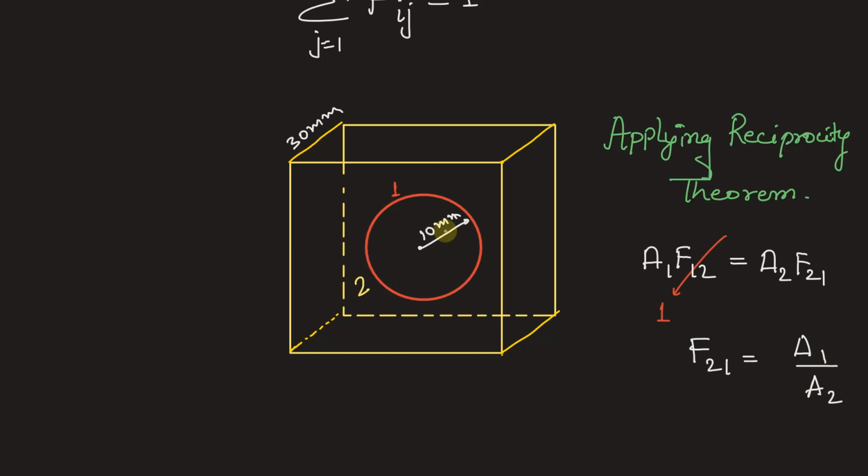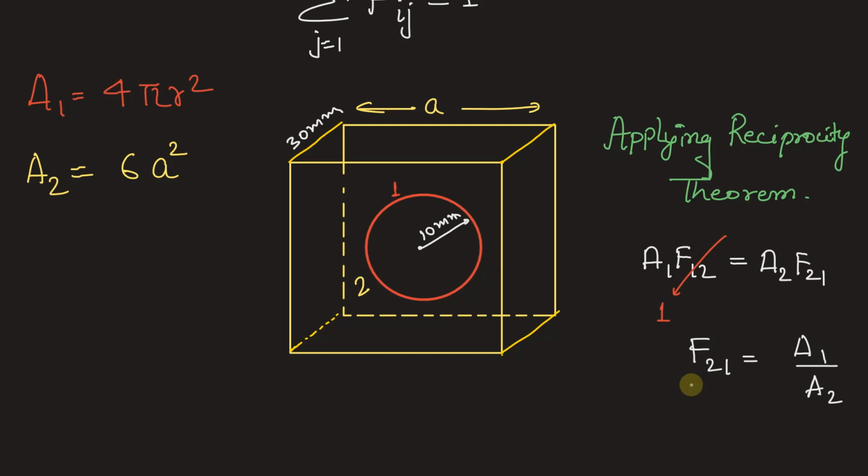A1 is the surface area of sphere and A2 is the surface area of this cube. So A1 will be equal to the surface area of sphere, that is 4 pi r square, and A2 is the surface area of cube, that is 6 into side square. Let's write a for side, so side square is a square. Now let this equation F21 is equal to A1 by A2 be equation number 1.